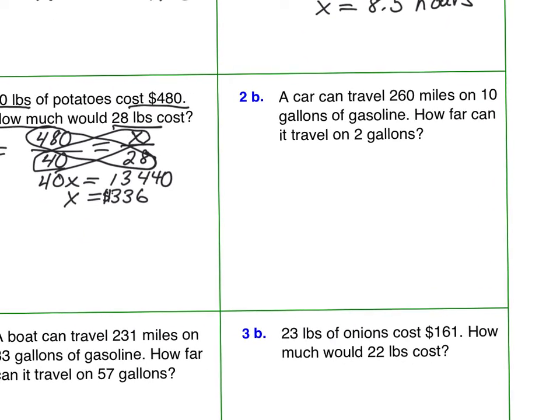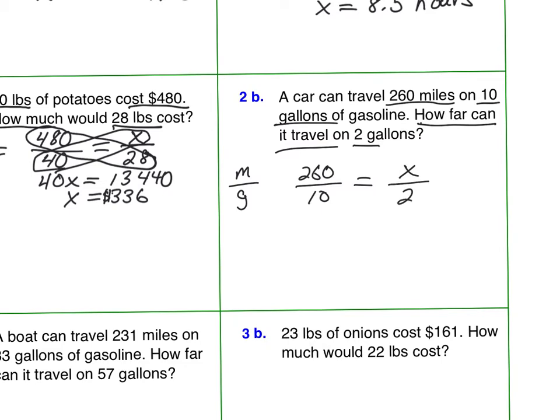A car can travel 260 miles on 10 gallons. How far can it travel on 2 gallons? So it's miles over gallons. So I have 260 over 10 is equal to x over 2.